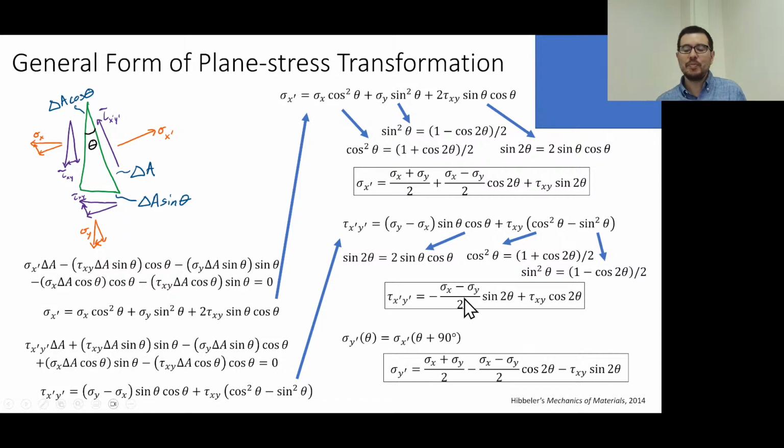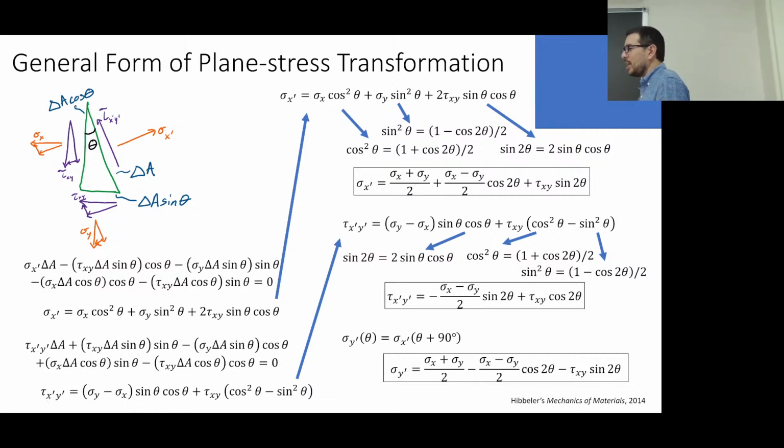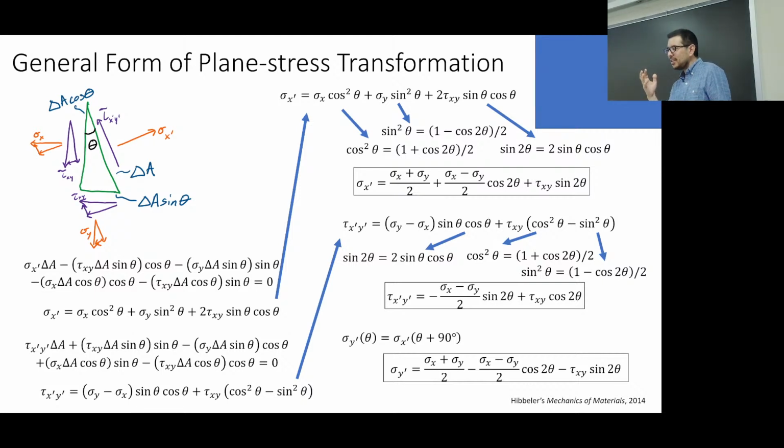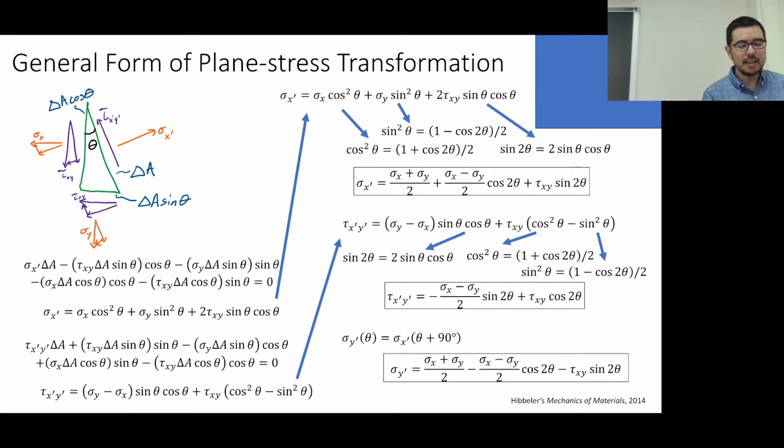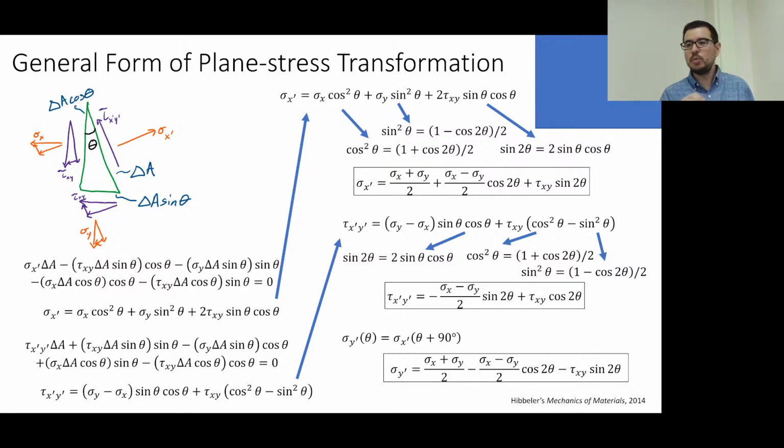At least, I hope it allows you to bypass them. Some people will never bypass these equations. But there is a way to think about transformations that is super nice and super graphical and super not having to do all these equations. And we'll show you how to do that in a little bit.